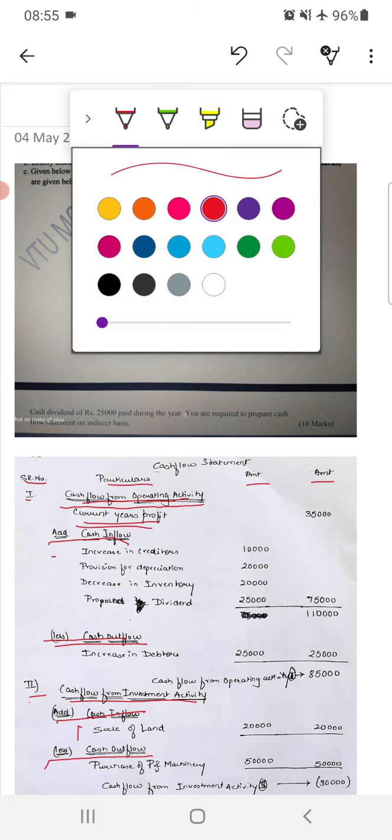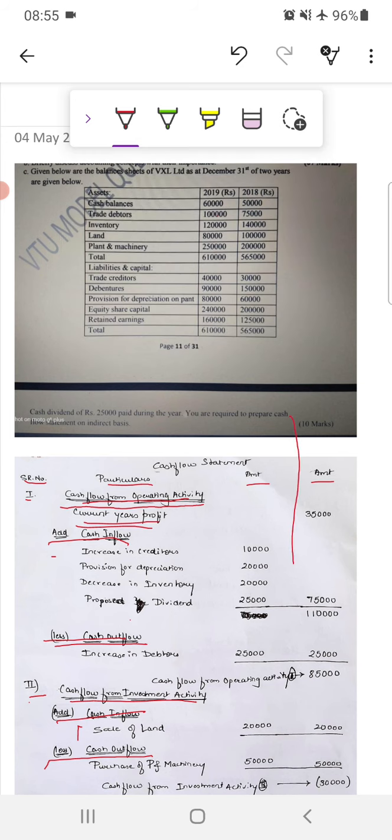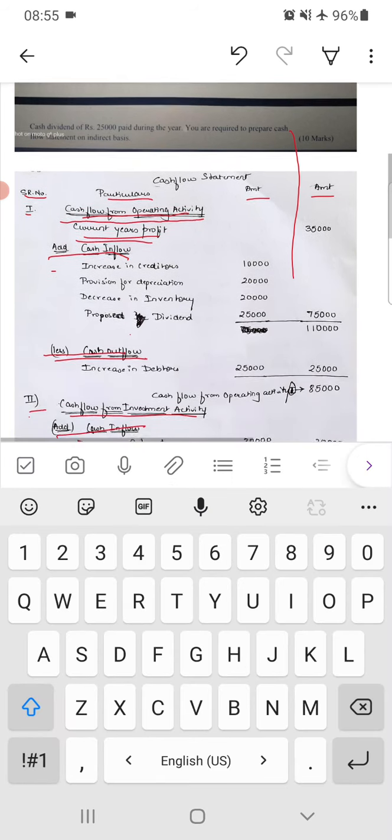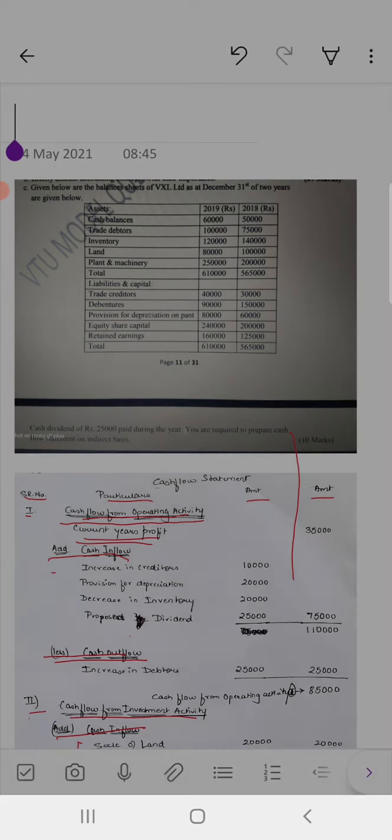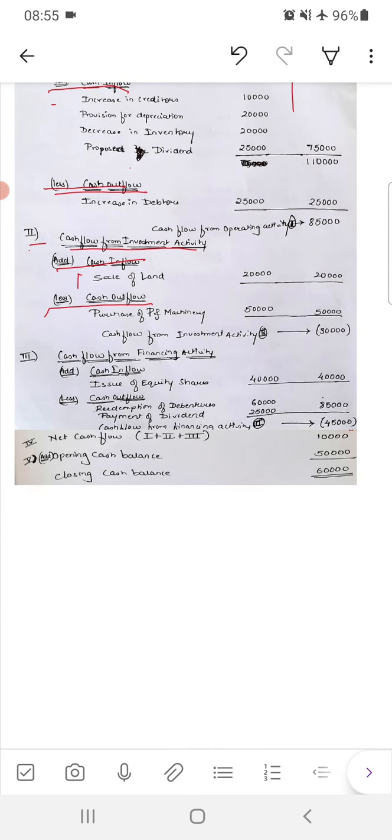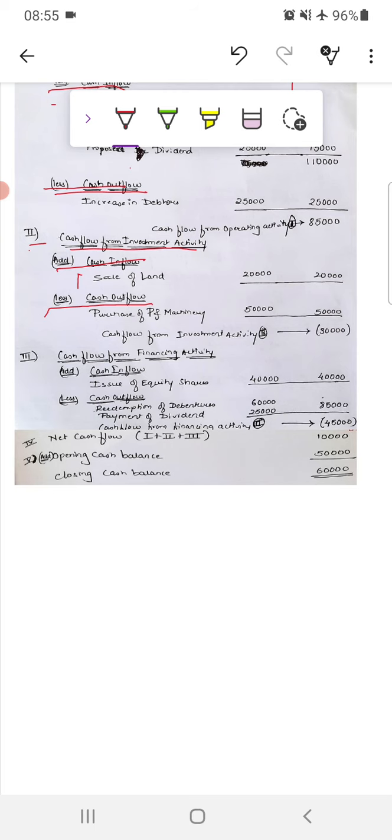After this, the third part is cash flow from financing activity. So write down 3, cash flow from financing activity, add cash inflow, leave some lines after that, and then less cash outflow, leave some lines after that.